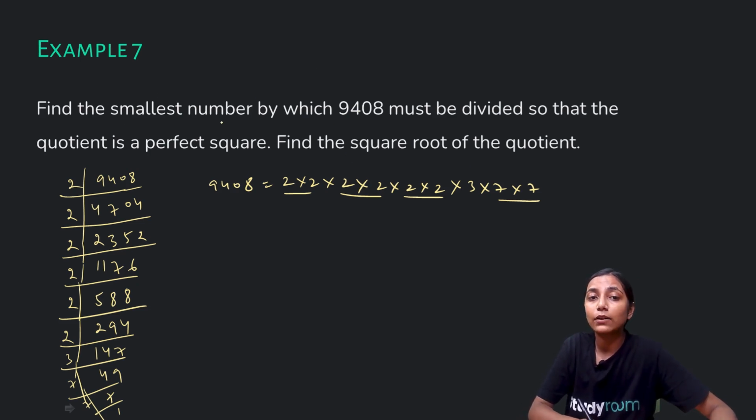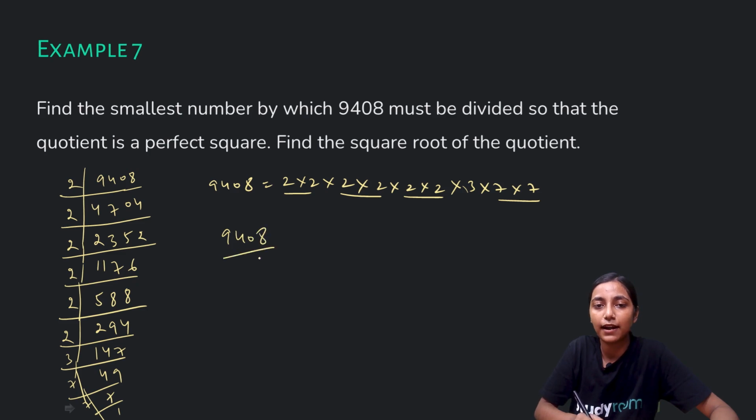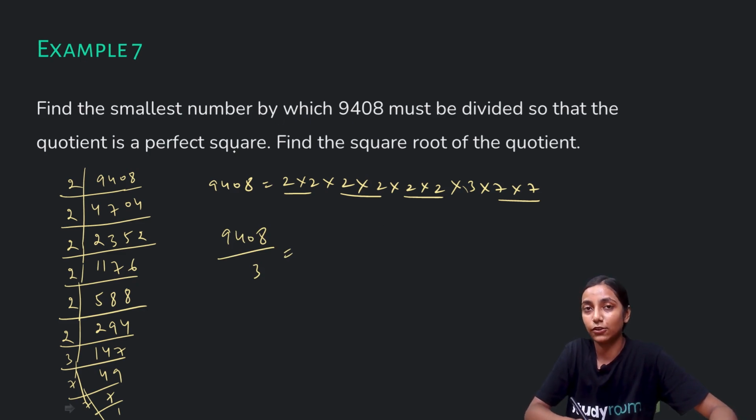But we are asked for the smallest number by which 9408 must be divided so that the quotient is a perfect square. Since every other factor is in a pair, but 3 is not, on dividing 9408 by 3 we get the perfect square.